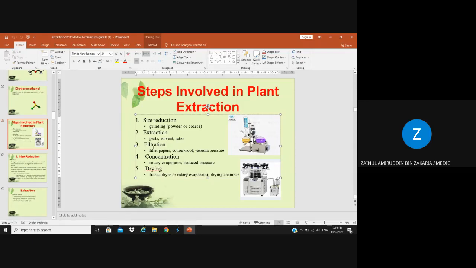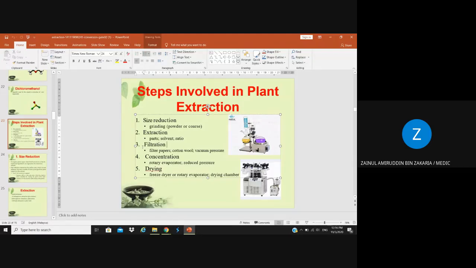Only after that I will use filter paper. Then after I use filter paper, still inside the extract there are some parts that are not filtered out. What you can do is use vacuum pressure. You use vacuum to suck out your sample, leaving all the minute residue behind, not taken up together with your extract.